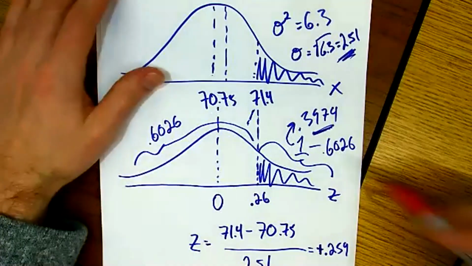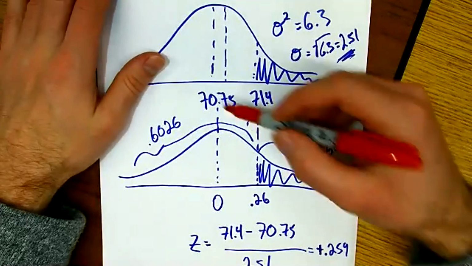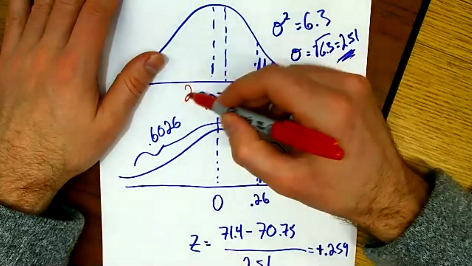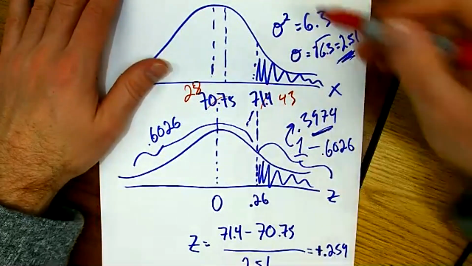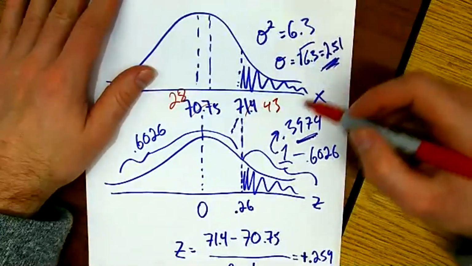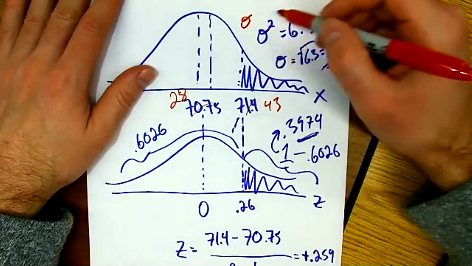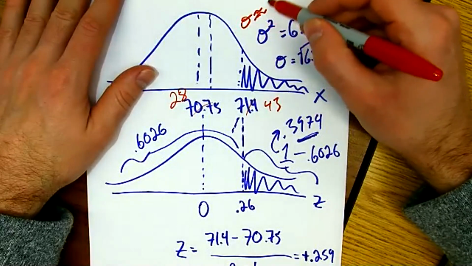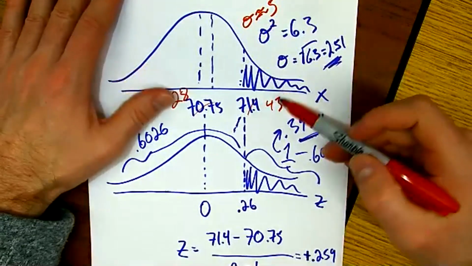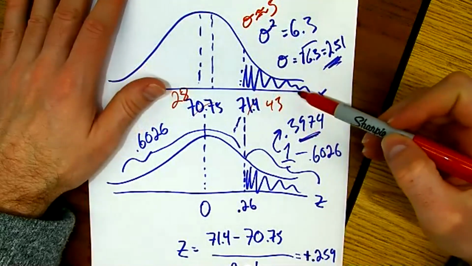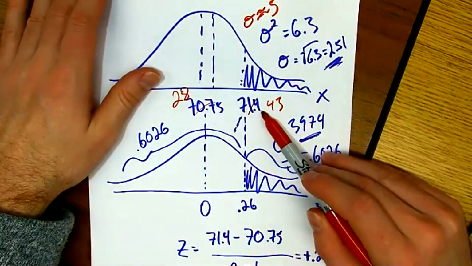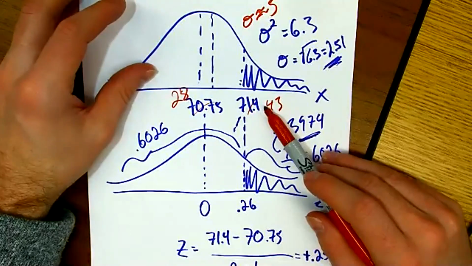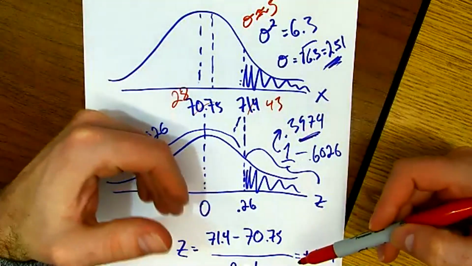I'm really thinking about the same setup here. It's just that now my mean is like 28. I'm looking at this value of 43. My standard deviation is approximately 5. So this area is going to be relatively small. We know it definitely has to be less than 0.5 because it's still something above the mean. But really, it's going to be the exact same process.